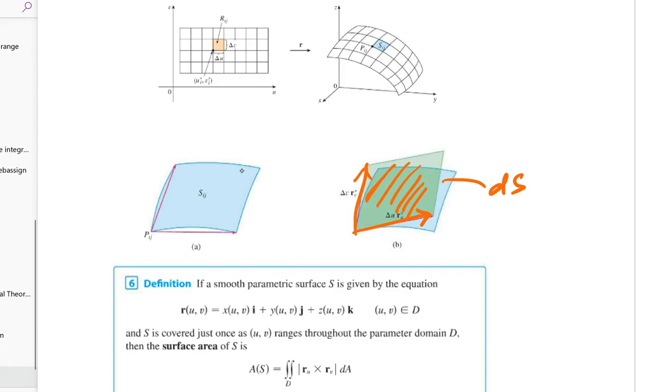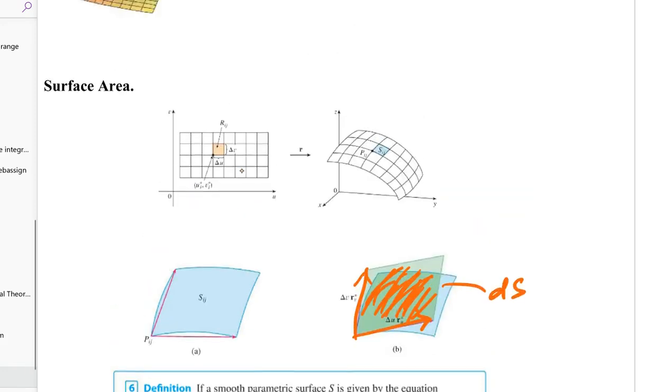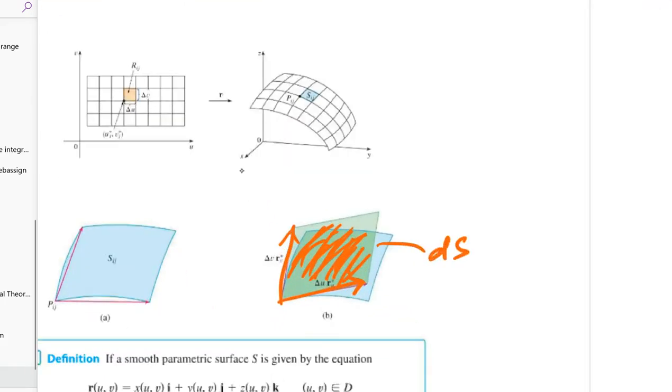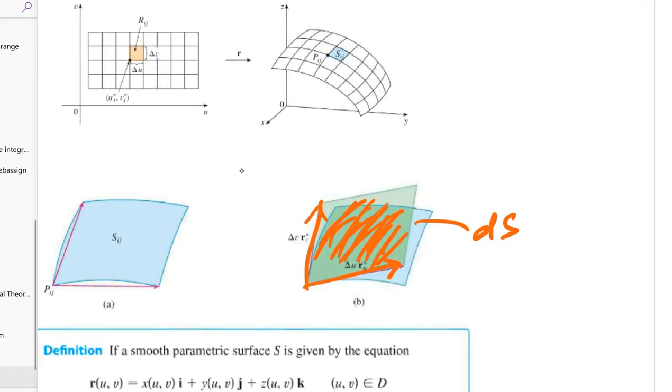In order to find the tangent plane itself, you need the cross product of these two vectors, which will give you your n vector as before. It's perpendicular to both of those.